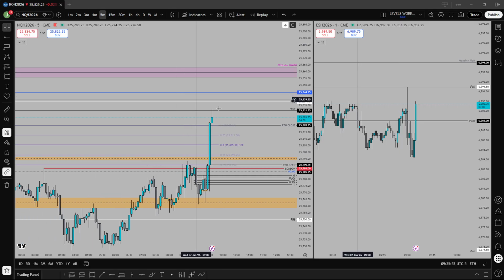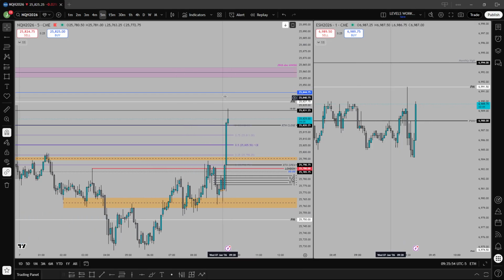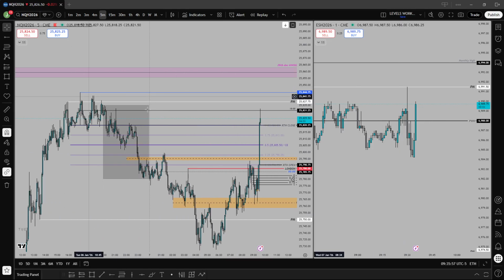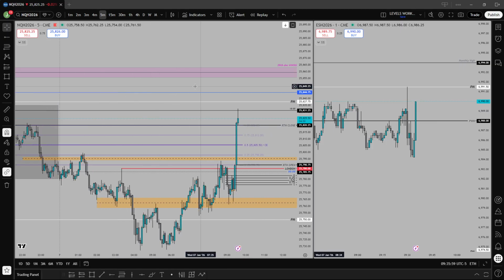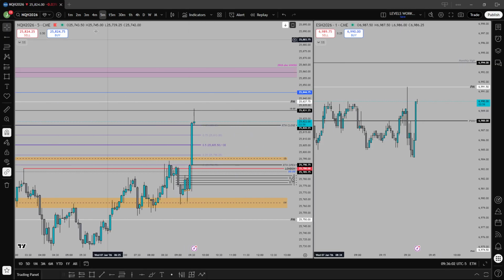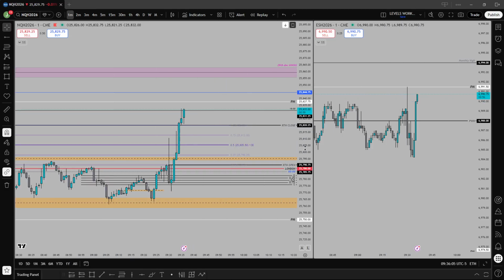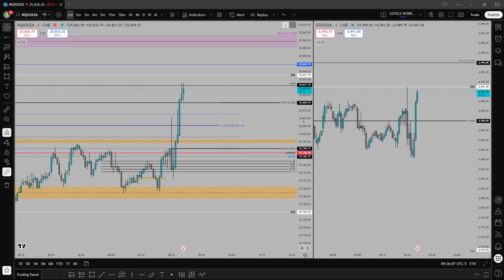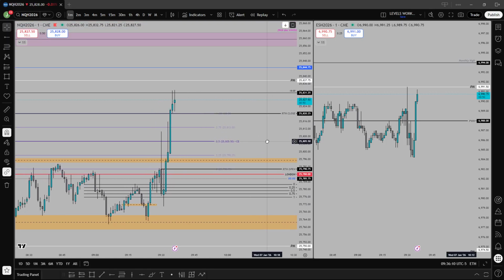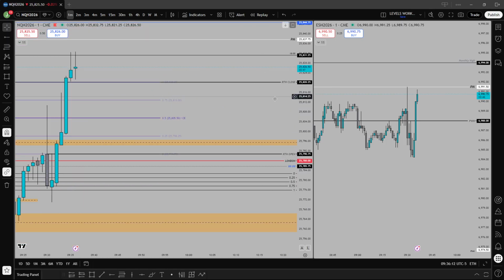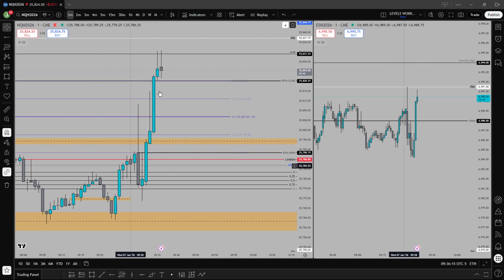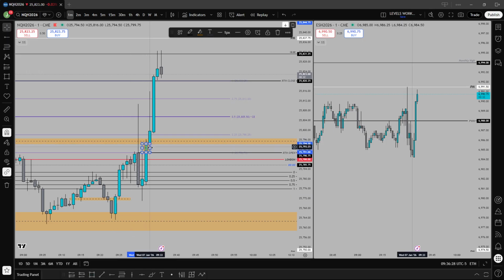This is the target. This one, the day's initial high. If it wants to move without us, we'll just let it move. This is the first presented fair value gap here. Tuesdays.